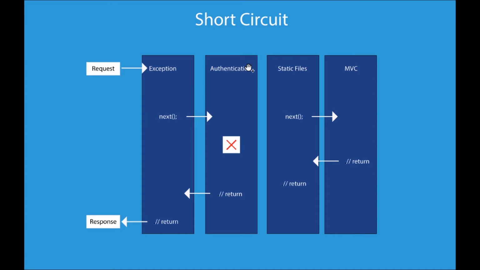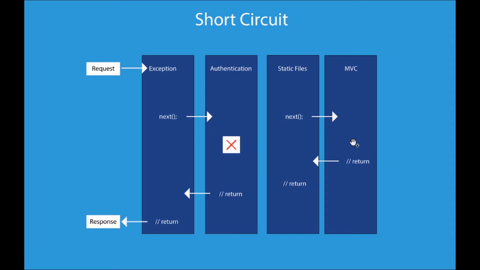What is a terminal middleware? A terminal middleware is the middleware which is always at the end, or the middleware which always returns the response without forwarding it. Basically, this middleware takes the response and lacks the logic to call another middleware. It basically returns the response.